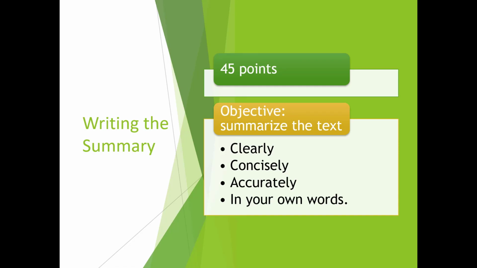And in terms of how it's graded, the paper guide contains a detailed guide to how exactly this is graded, but the overall grading, to avoid grinding through the rubric, is these things, namely, how clear is it, how concise is it, how accurate is it, and most importantly, how much is it in your own words.